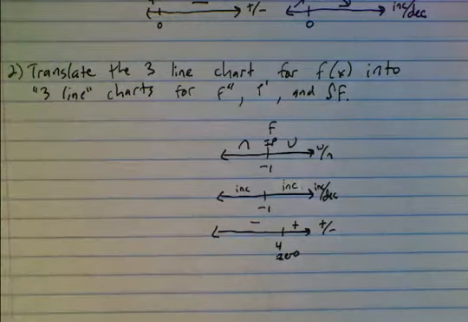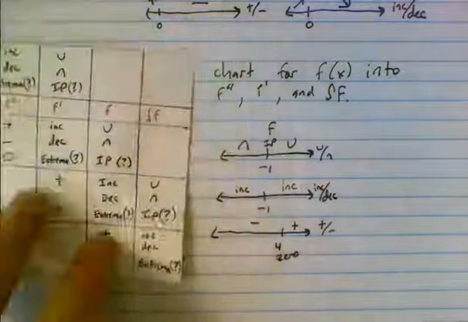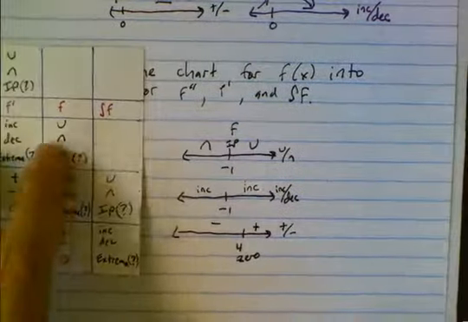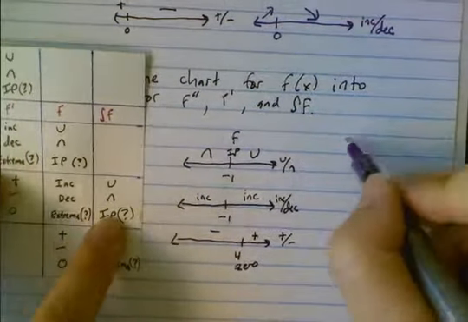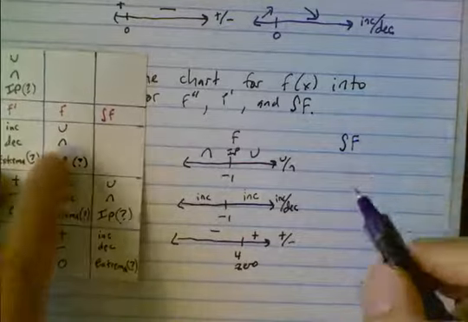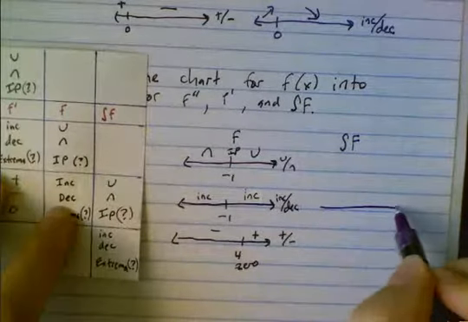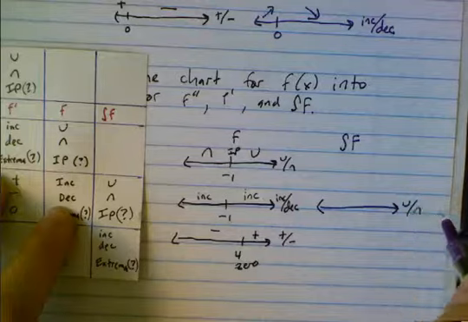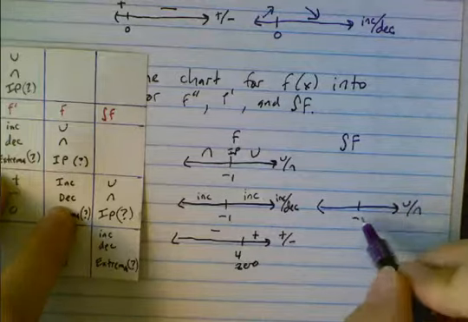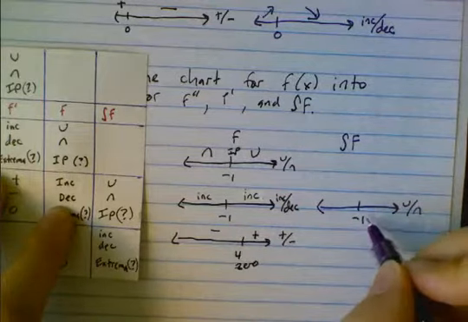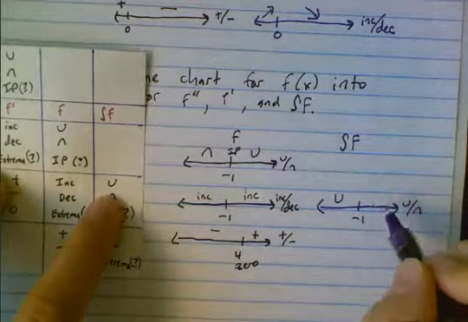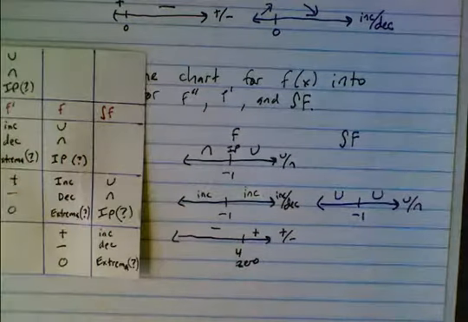Okay, so let's look at how all this works. We've got f. Let's go to the right first. So this is going to be the integral of f. Concavity doesn't translate. Increasing, decreasing translates into concave up, concave down. So we've got -1. Increasing becomes concave up, concave up.